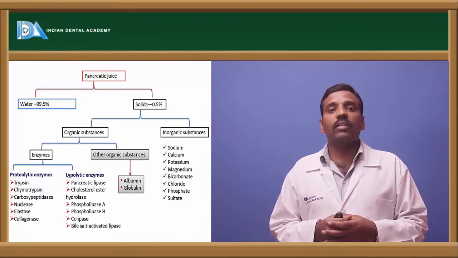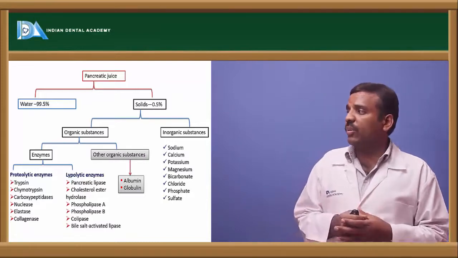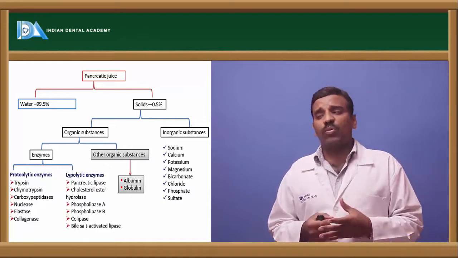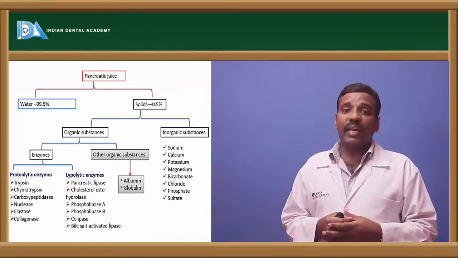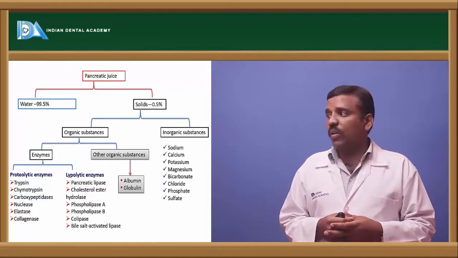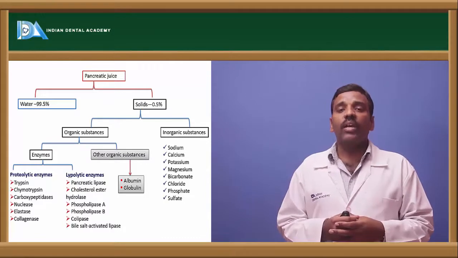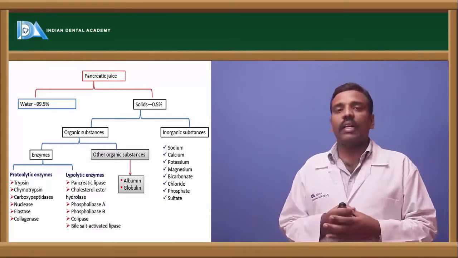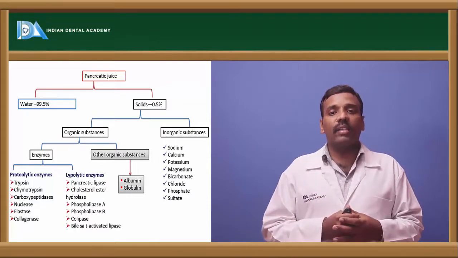Inorganic components are minerals like the anions and cations: sodium, calcium, potassium, magnesium, phosphorus, sulfates, chlorides, and bicarbonates are also present here. In the organic components there are two types: enzymes and other organic components, like albumin and globulins.